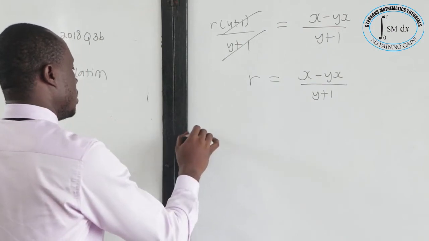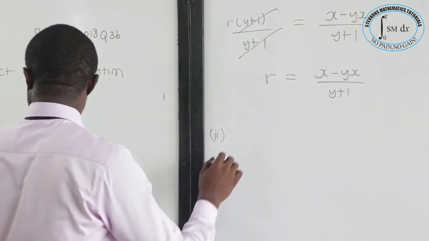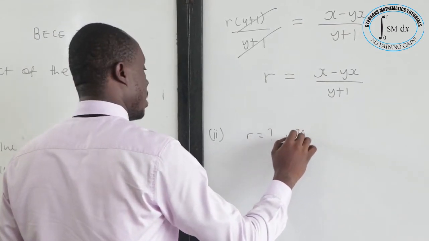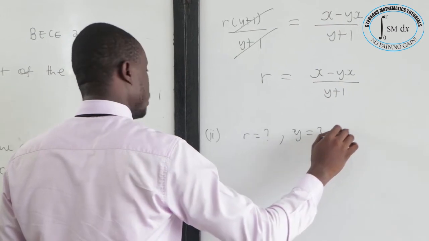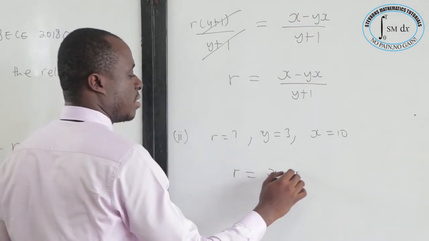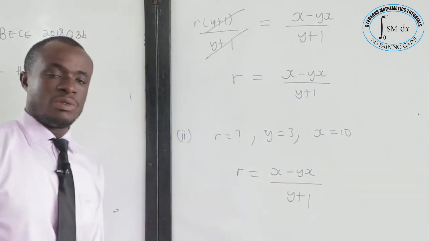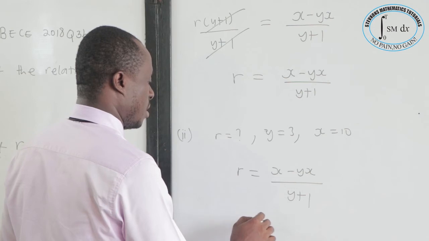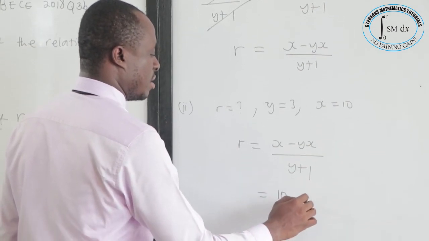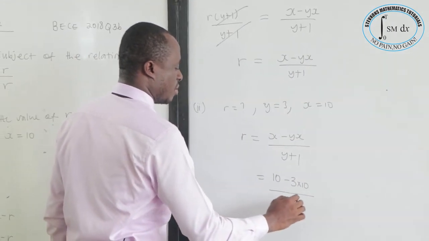Now let's see the second one. We want to find r when y is 3, x is 10. But you know r to be x minus yx all over y plus 1, so you have to substitute the values. Now from here, what is x? x is 10, minus y, that is 3 times 10, all over y plus 1, that is 3 plus 1.